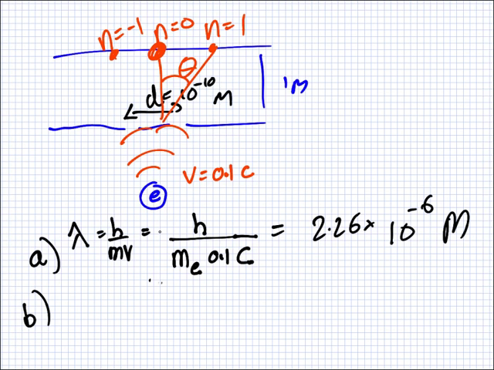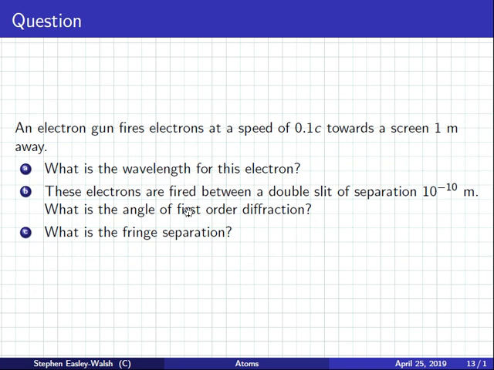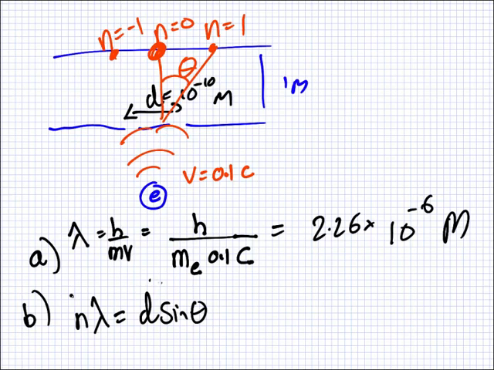This is from when we studied waves. The formula is n lambda equals d sine theta. Do we know n? I want the first order, so n is 1. Do we know lambda? We do. Do we know d? We do. Well, I want theta. Give me theta.